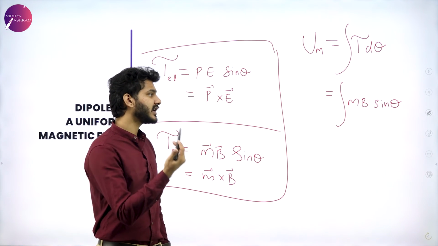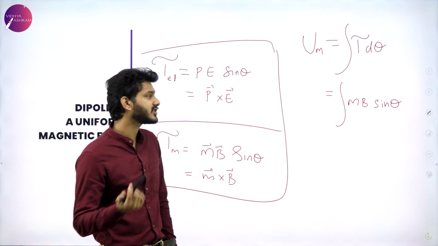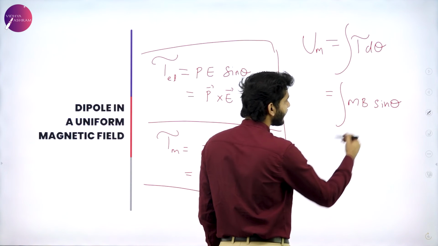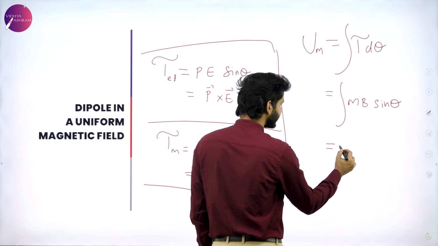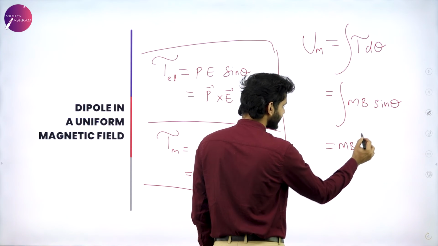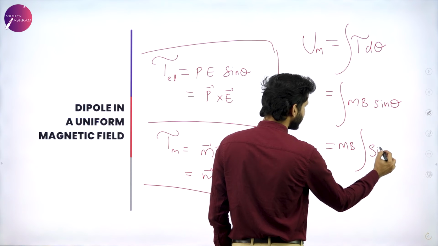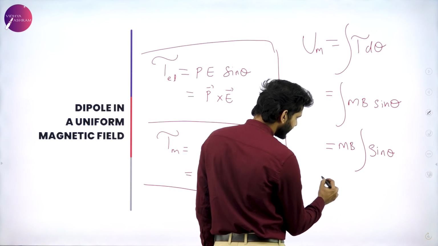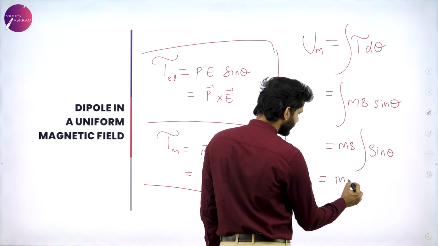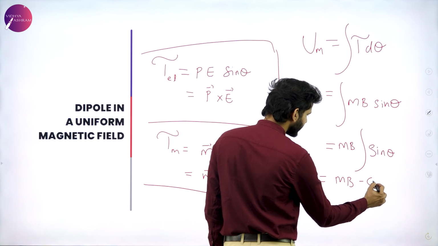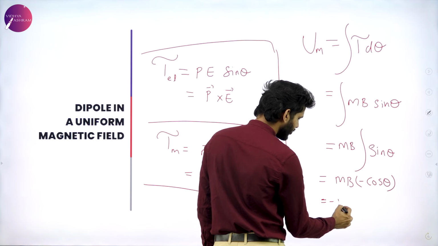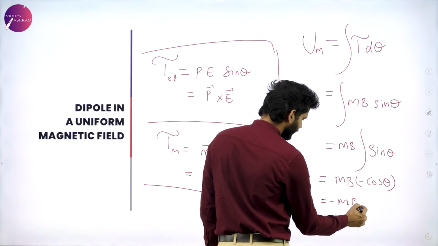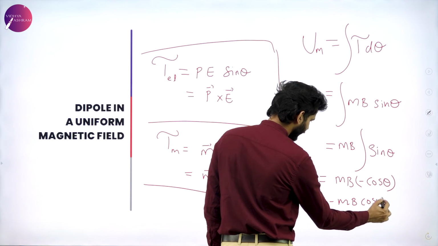Here we don't have to do that clearly because we already know the steps. So we are just trying to find out what the integral form is, and we find it to be m and b are constants, so they come outside just like before. Integral sine theta is nothing but mb times minus cos theta, or simply minus mb cos theta.